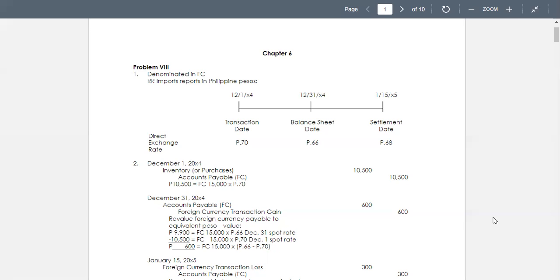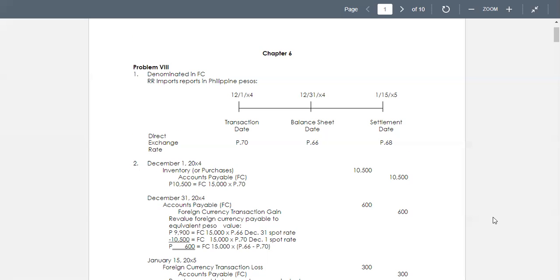So 9,900. Whereas the amount recorded during the transaction date is 10,500. So in other words, there is a decrease in the accounts payable amounting to 600, which is the result of multiplying the difference of 4 centavos by 15,000. So we now get 600.